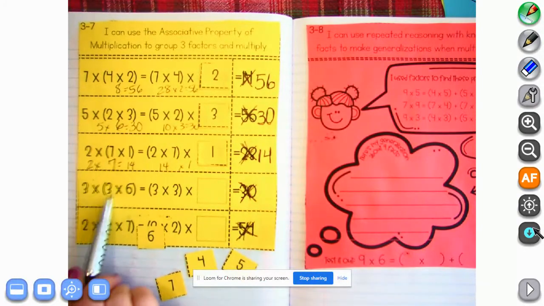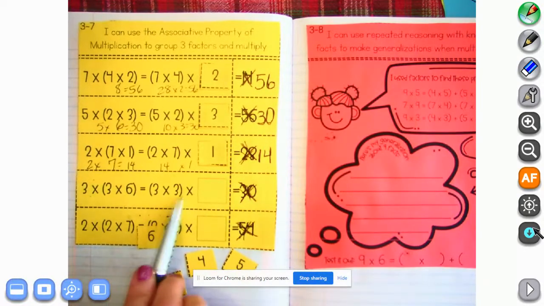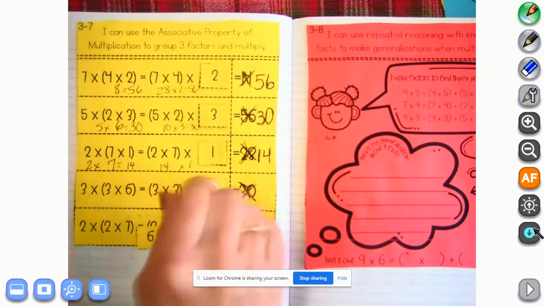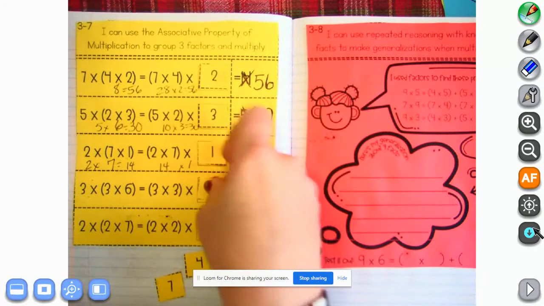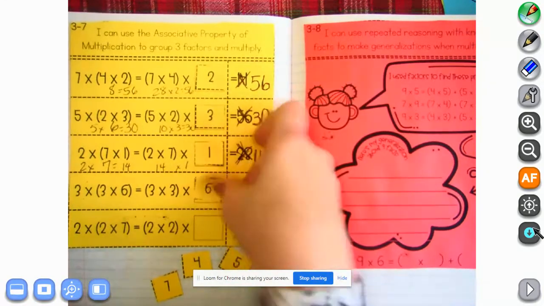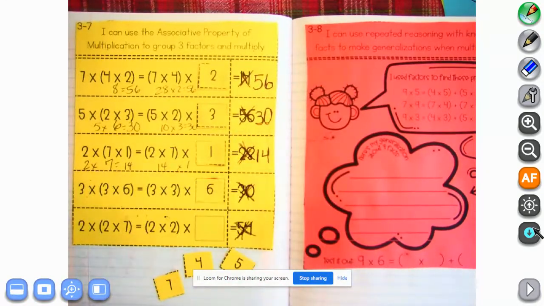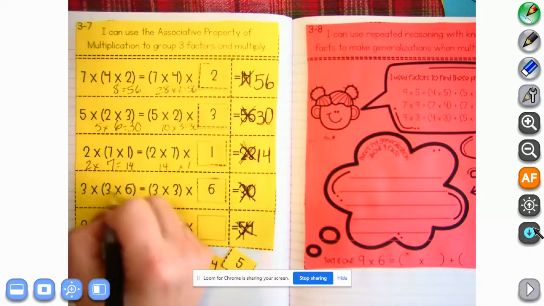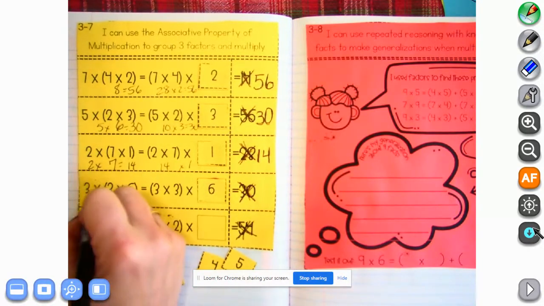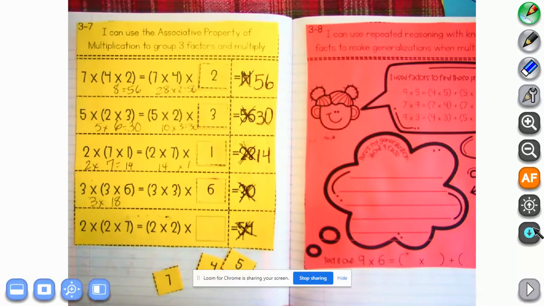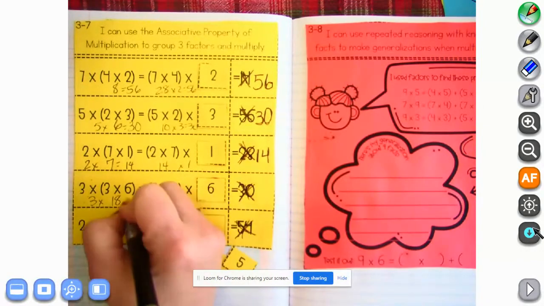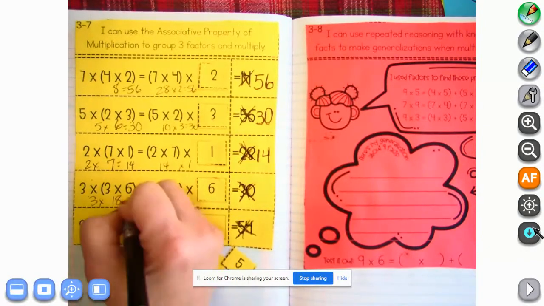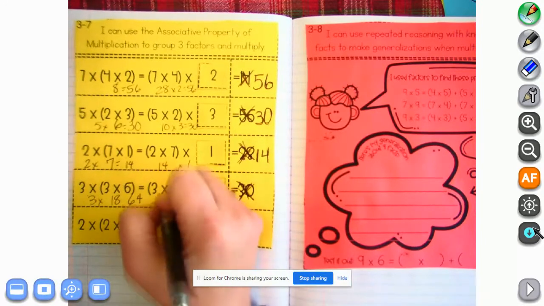3 times 3 times 6. Okay, 3 times 6 is 18. 3 times 18 would be... 8 times 3 is 24, and then 54.